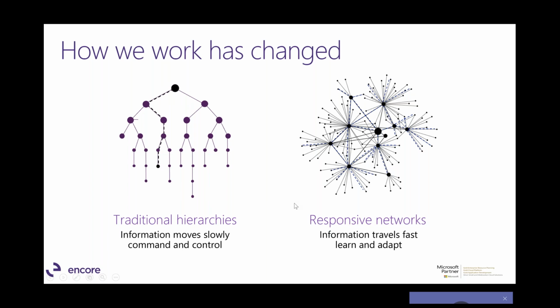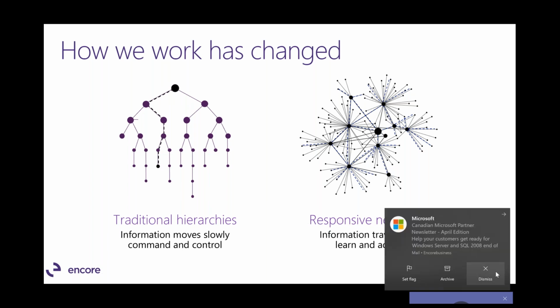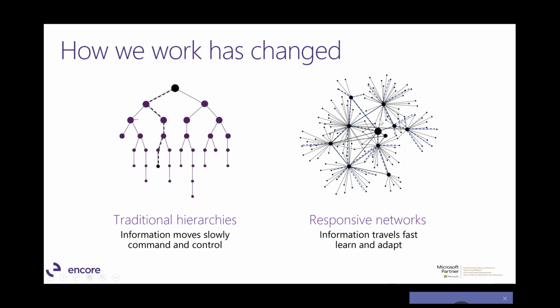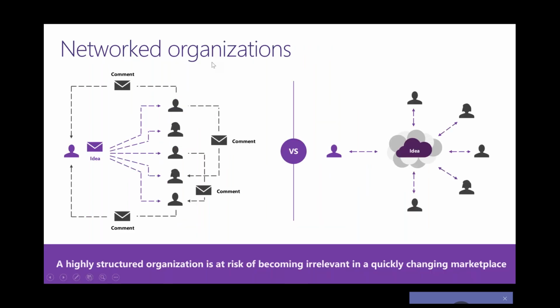Information moved very slowly, whereas now it's more of a responsive network environment that allows you to interact fairly quickly, and the information therefore travels fairly quickly, and it's easier to learn and quickly adapt to those kinds of environments.